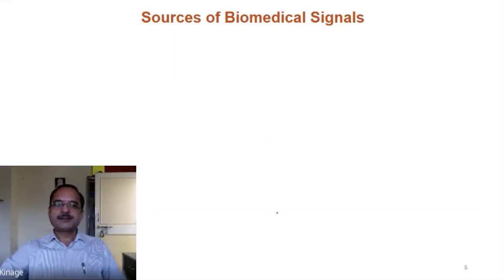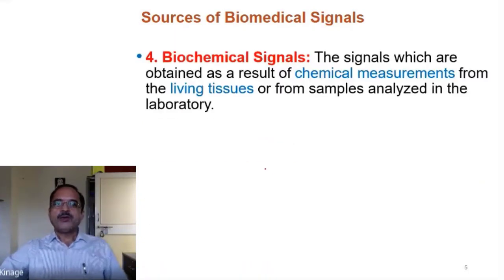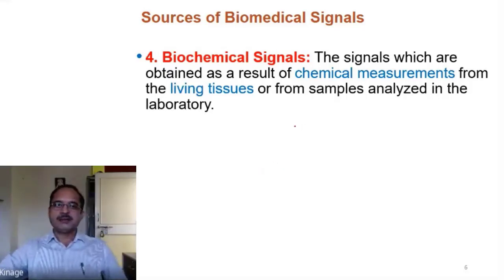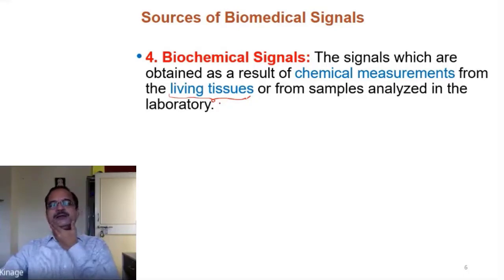Then next is biochemical signals. So these are the signals which are obtained as the result of chemical measurements from living tissues or from samples analyzed in the laboratory. You must have seen we use the pathological laboratories.